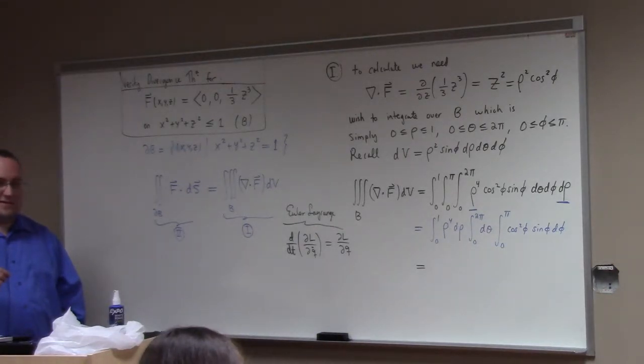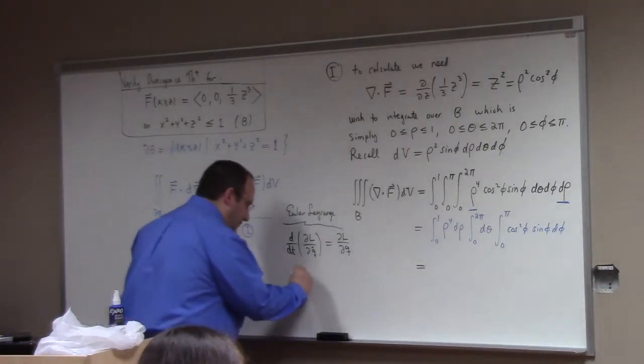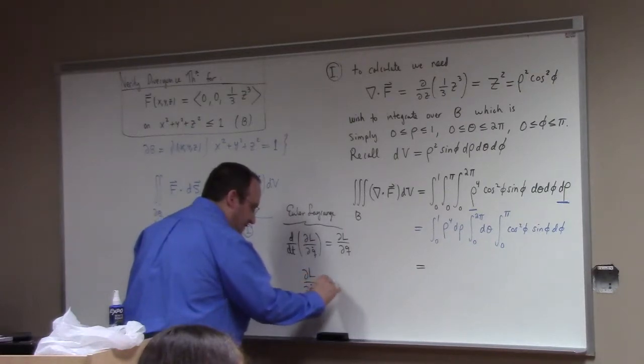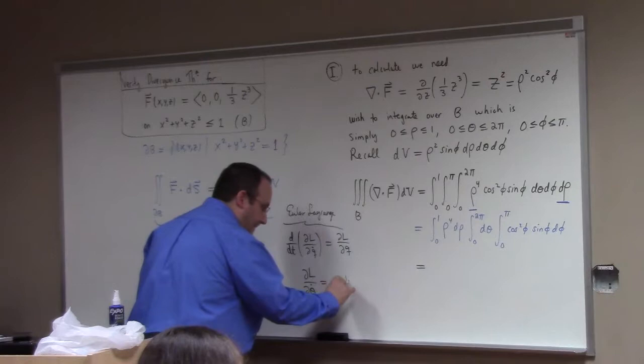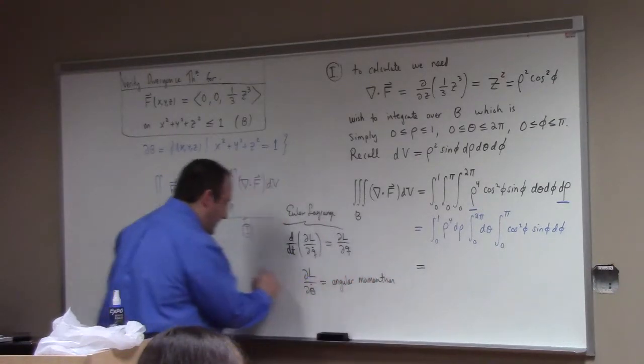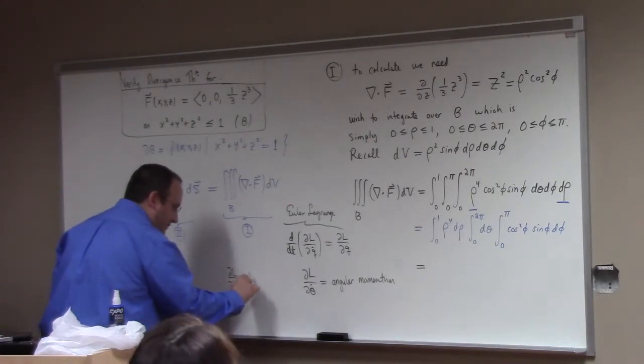Lagrange had this idea of generalized positions and generalized velocities that he introduced in the late 18th century. In this context, if you calculate partial L, partial theta dot, this means angular momentum. Whereas if you were to calculate partial L, partial x dot, if x was your variable, this would be linear momentum.